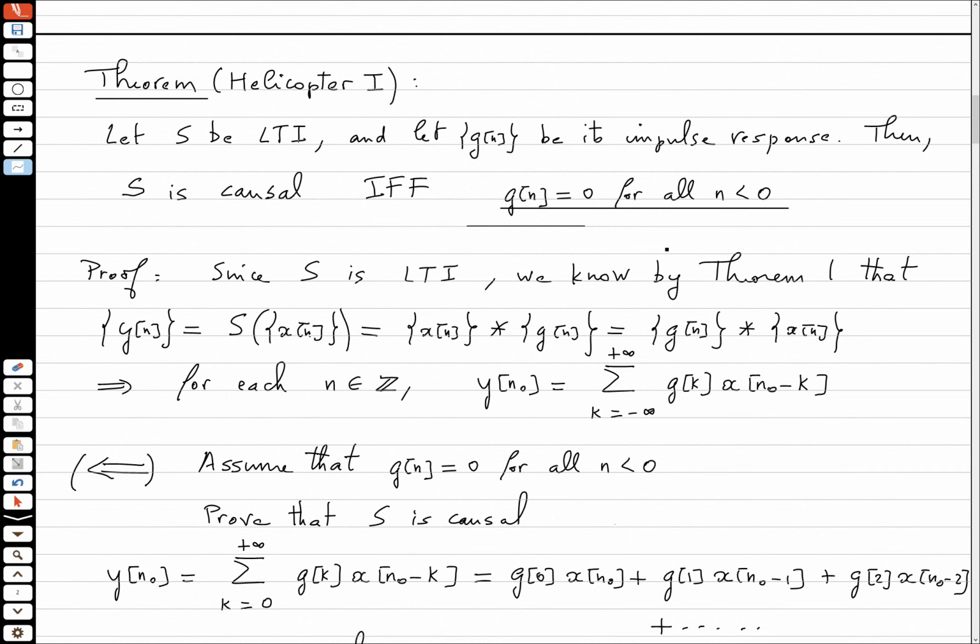So that means when it's LTI, you don't have to go back to the original definition to answer the question if it's causal or not. You just look at the impulse response. Just see if this is true. That's it. This is all it says.